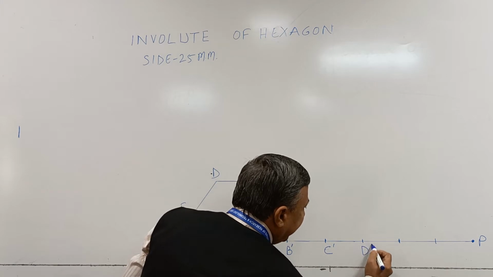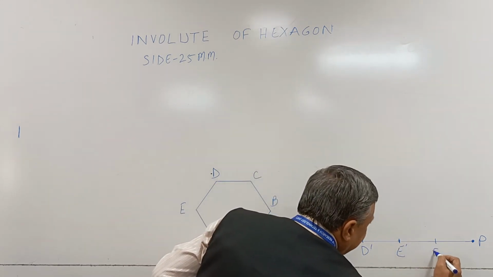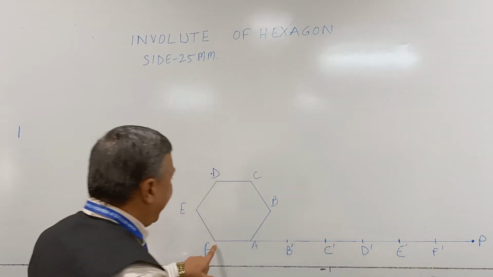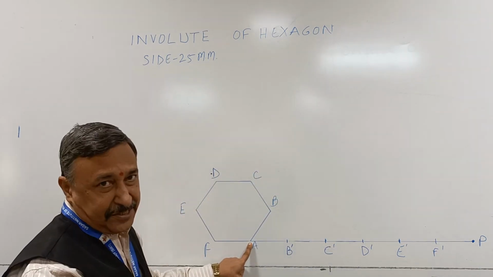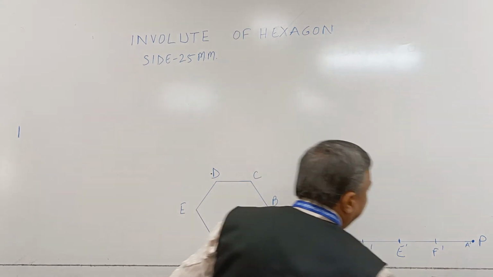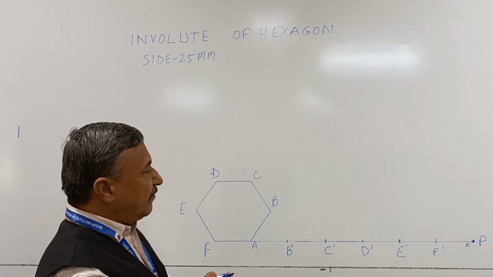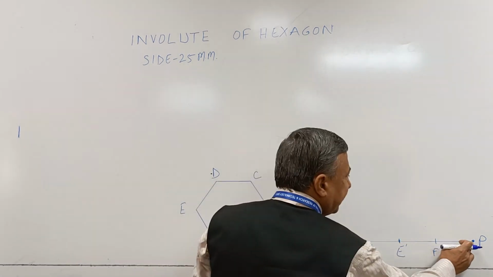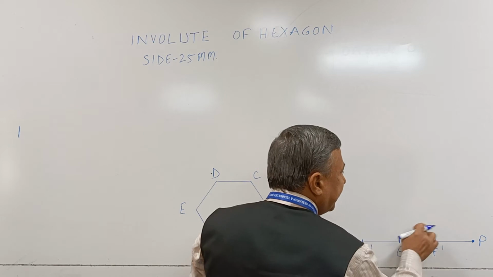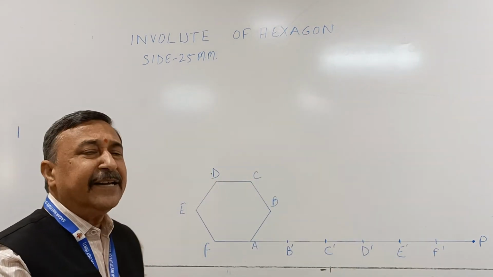This is point D dash, E dash, F dash, and lastly A dash. Instead of A dash we write here P. So don't confuse, and we do not write here A.